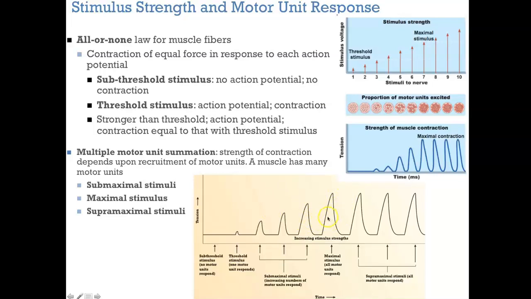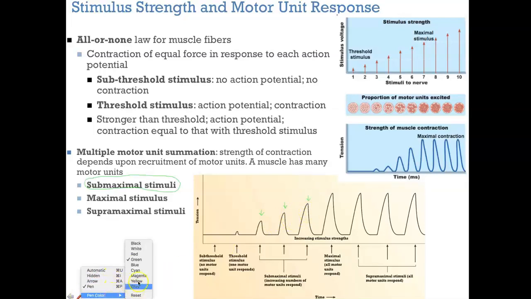Okay, so let's look at these 3 different types. We have our submaximal stimuli. Basically we are just adding more and more motor units here. As we recruit more motor units, we get more tension built up within the muscle.